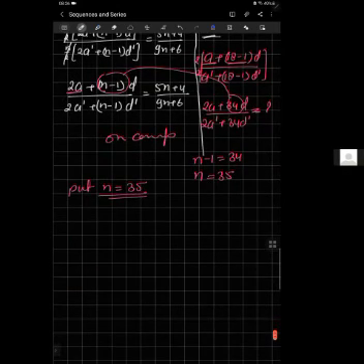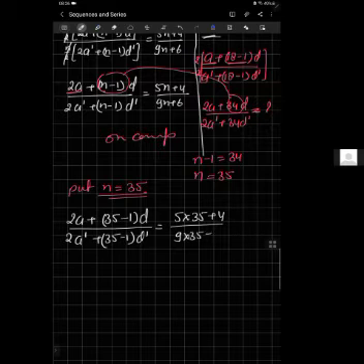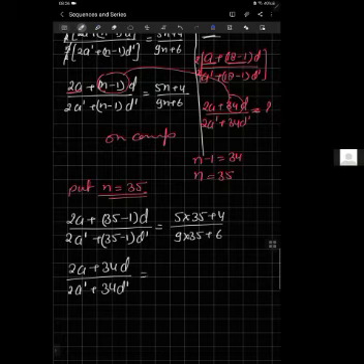So it will be 2a plus n, which is 35, minus 1 into difference d upon 2a dash plus 35 minus 1 d dash is equals to 5 into 35 plus 4 upon 9 into 35 plus 6. So now LHS also I need to solve: 2a plus 34d upon 2a dash plus 34d dash will be equals to.